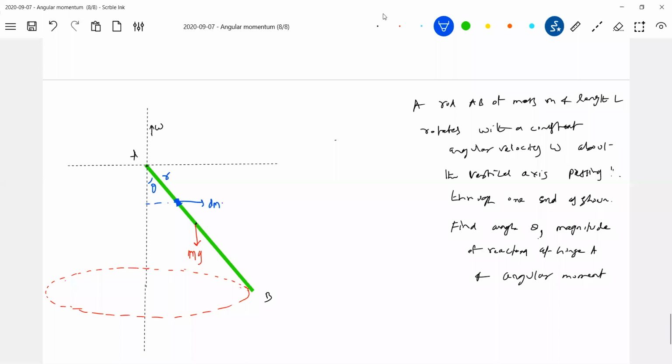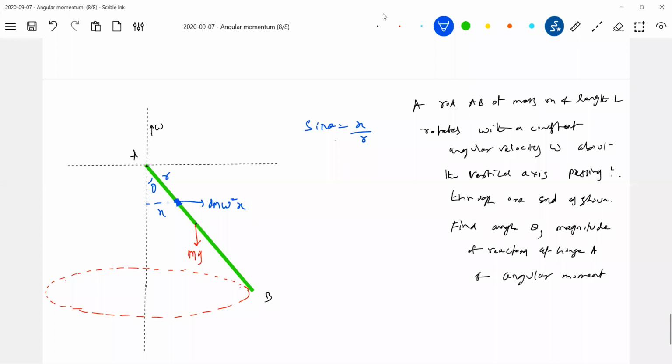Pseudo force dm omega square r sin theta, or call x, dm omega square x. And sin theta equals x by r, so x equals r sin theta. Now for equilibrium, this is like a centrifugal force. You can put centrifugal force.